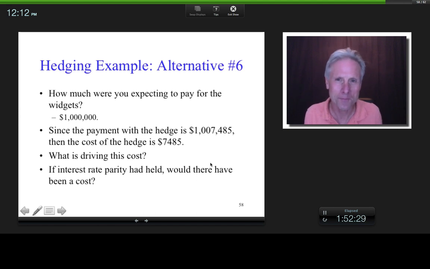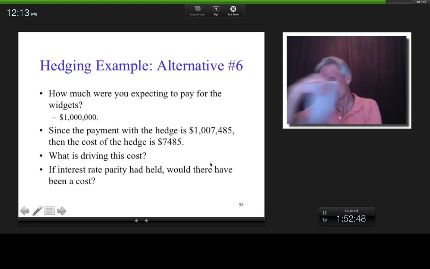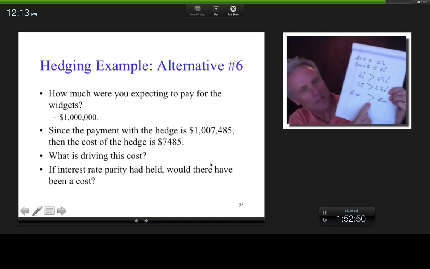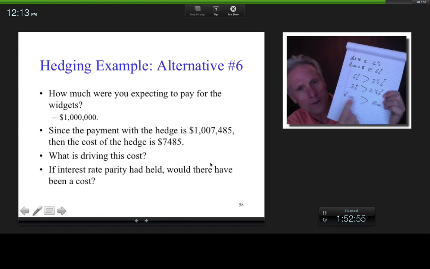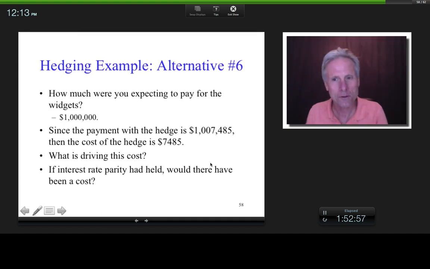However, suppose that you, the business person, you, the widget person, were lower risk than the government that you were lending to. Then instead of say a 7,500 cost of hedge, would that 7,500 now be a negative number? It would, right? Because now you're changing this sign. If you as the borrower are lower risk than who you're lending to, then the cost of the hedge is going to be negative.